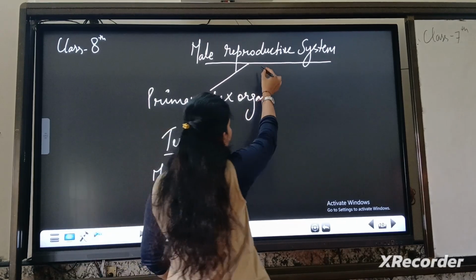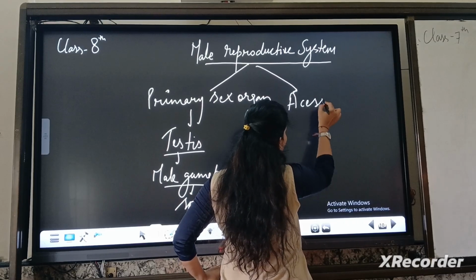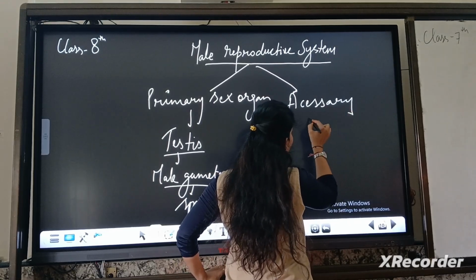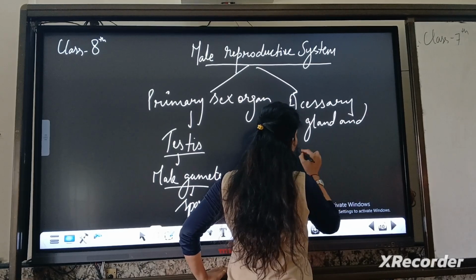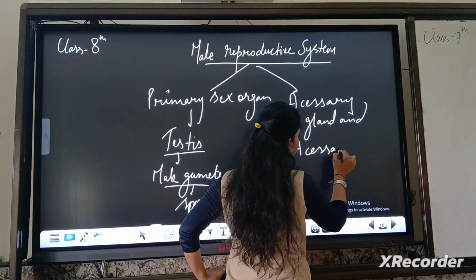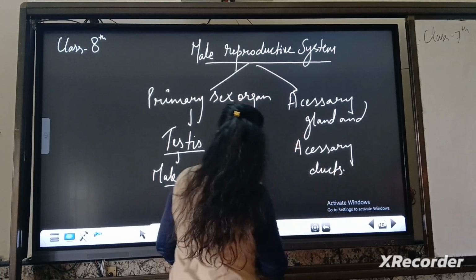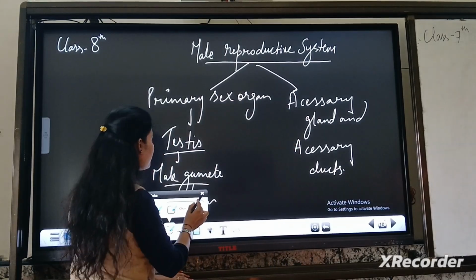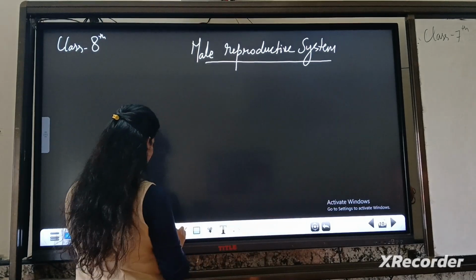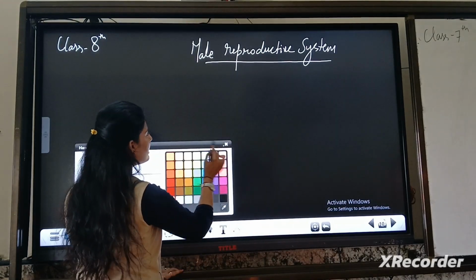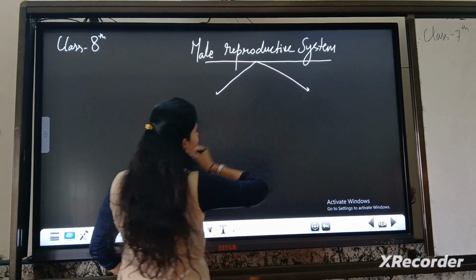Okay, and after that, there are some accessory things also present: accessory glands as well as accessory ducts. Now we will see what the accessory glands and ducts are.